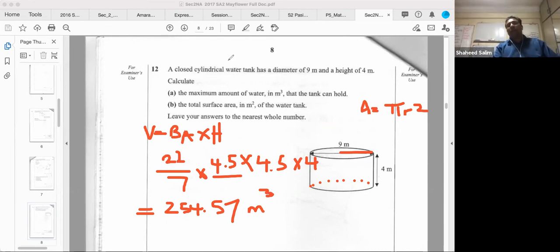Now the next one, they ask you for surface area. Okay, surface area, I want you to understand. You have this thing here, and I want the surface area. Surface area, this one, plus top, bottom. How to find the curved surface here?